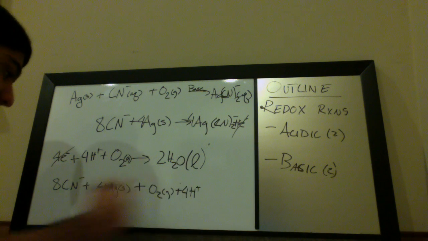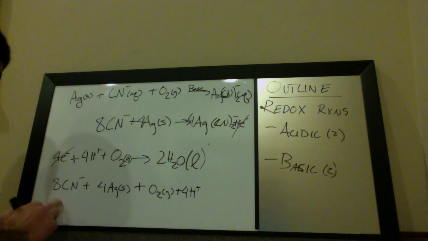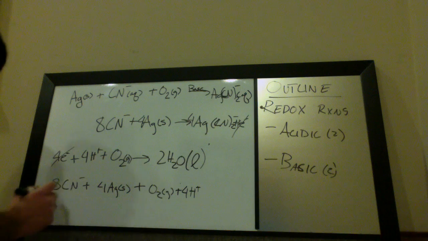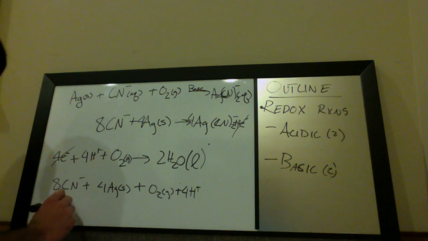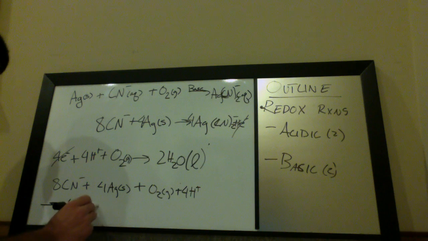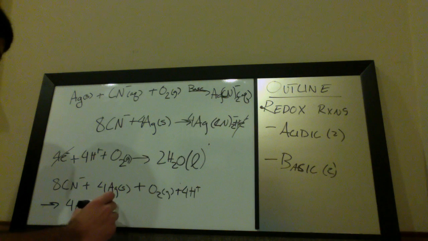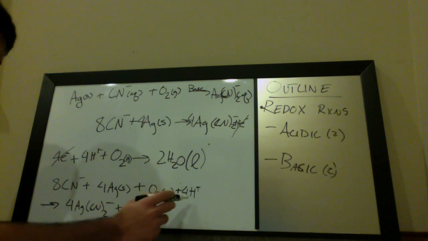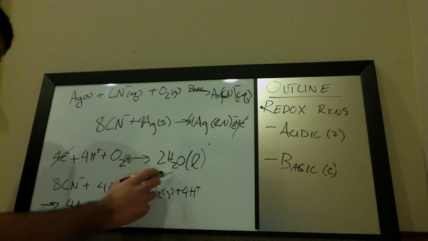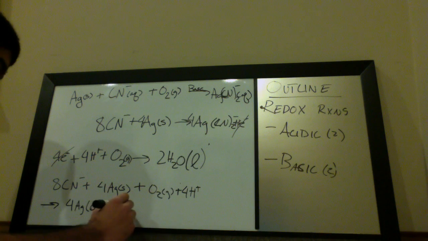which give us, I'm just going to write this on the bottom line because I don't have space here. So that gives us 4 AgCN2 minus plus the 2 waters.